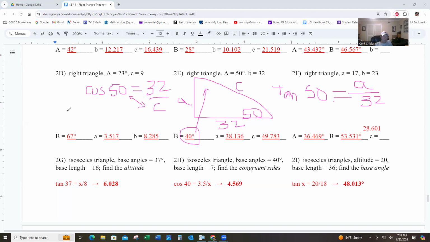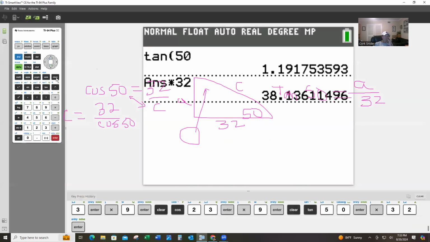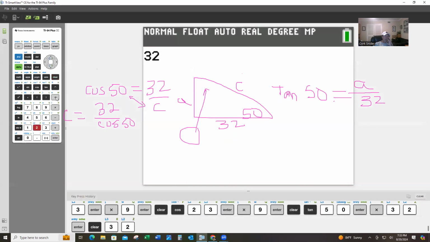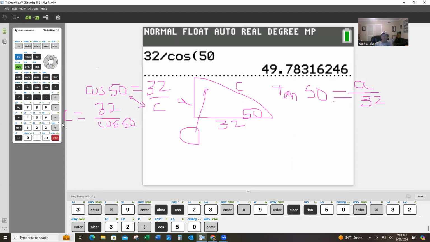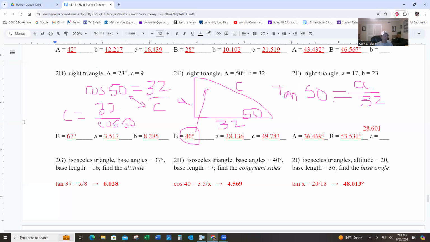So that really means C equals 32 divided by the cosine of 50. That's easy. Let's try it. About 49.7 or so. You can see the answers there.